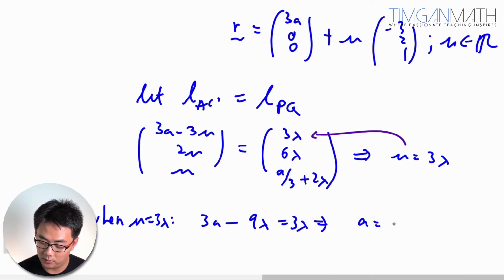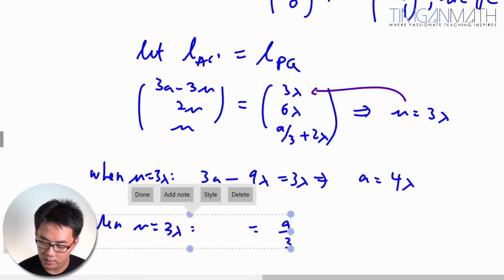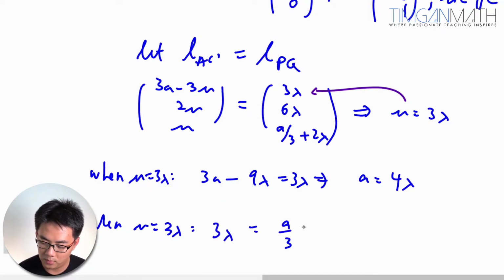A equals 12 divided by 3, which is 4 lambda. And then if you substitute that, mu equals a over 3 lambda, a equals 3 lambda.